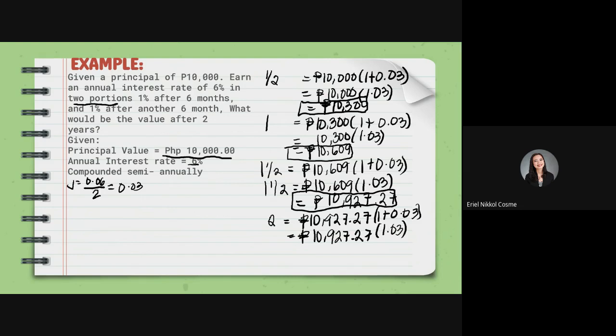So 10,927.27 times 1.03, you will get an answer of 11,255.09. So this would be the amount or the value after 2 years.